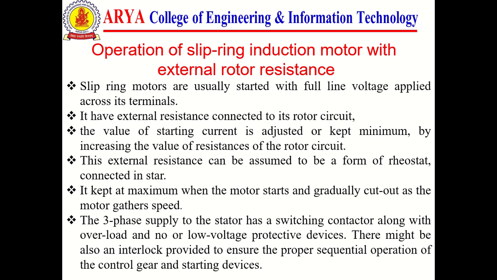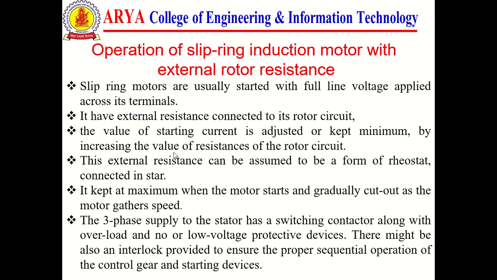Some features of the slip ring induction motor. Slip ring motors are usually started with full line voltage applied across the terminals. They have external resistance connected to the rotor circuit. The value of starting current is kept minimum by increasing the resistance of the rotor circuit.